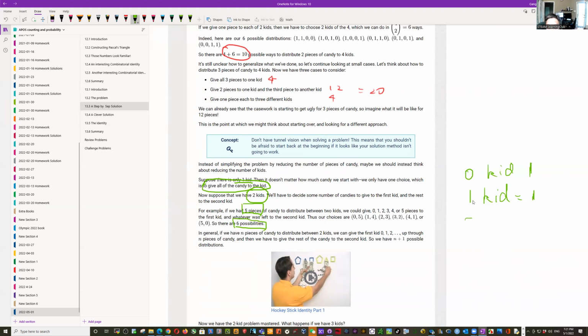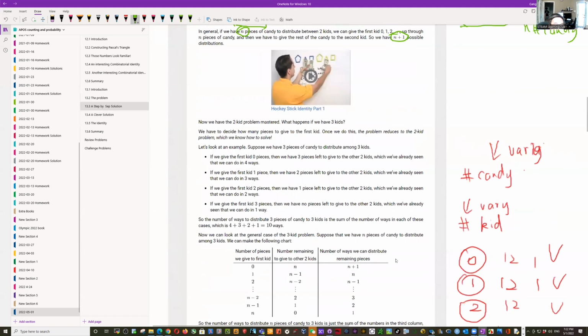So for the 2 kid situation, it's n plus 1, where n is the number of candy. Basically it's just 0 to 5, something like that. So for 2 kids, it's solved: n plus 1. So we already have the 2 kid problem mastered.